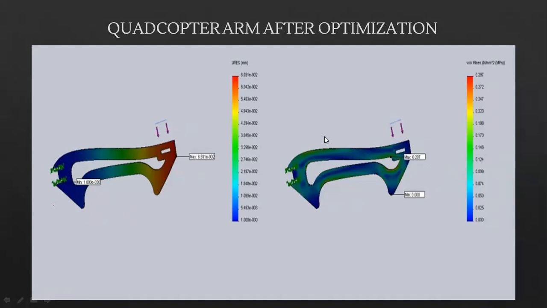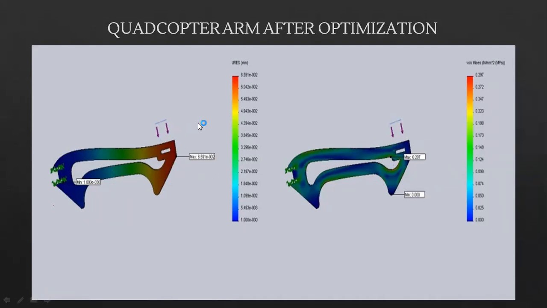But you have to look at the design specifications as well. If you have a minimum weight to be kept as so and so, for example, if I remove this material because it had no stress, maybe my deformation would increase.